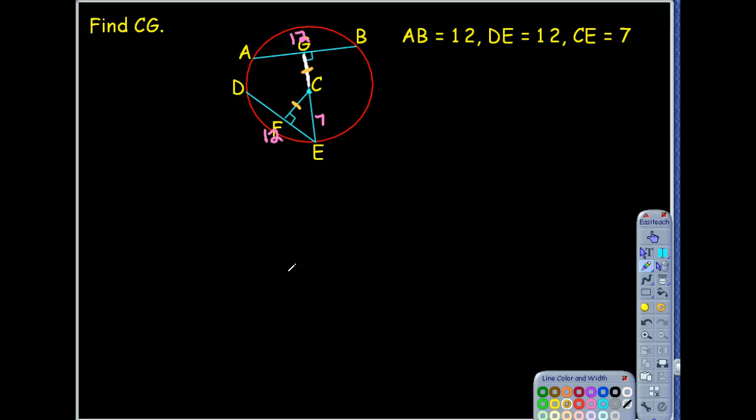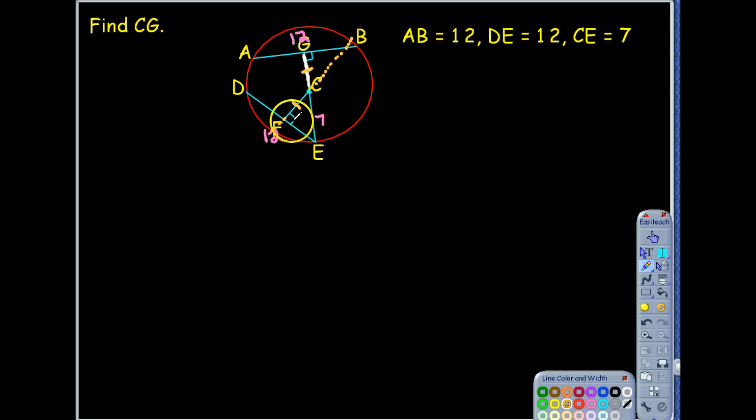It forms a right triangle there. Now, the other thing I'm noticing is that the segment that goes from the center and perpendicular to that chord, if I extend that out, is a diameter as well.